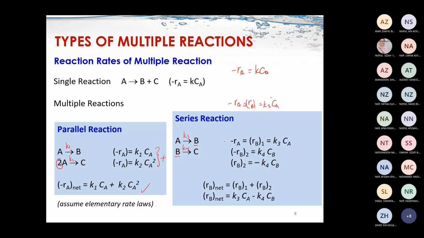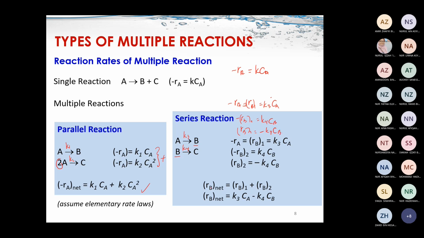Okay, so for Rb2 pula, which is this one, kalau kita letakkan dia sebagai rate of reaction as a reactant, so it should be negative. Rb2 is equals to K4Cb. Tapi kalau kita inversekan dia, it will be Rb2 negative K4Cb.